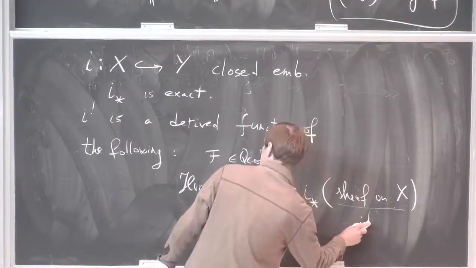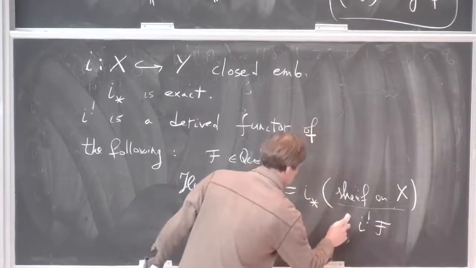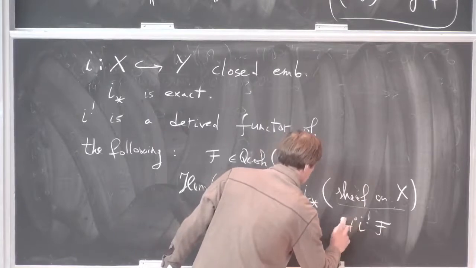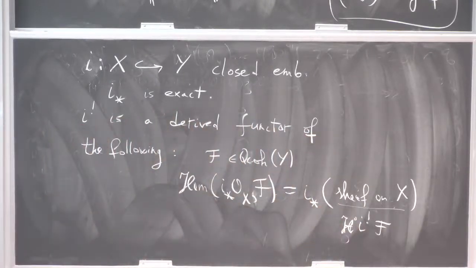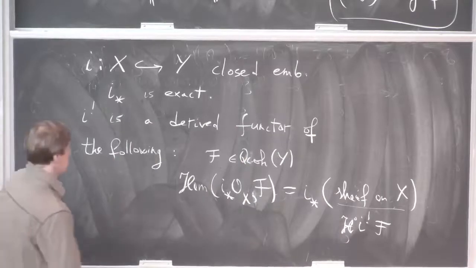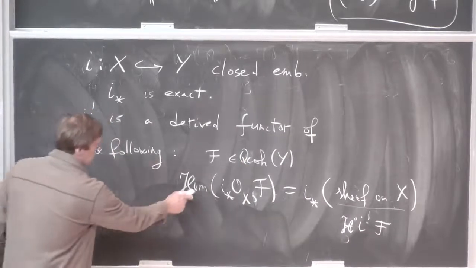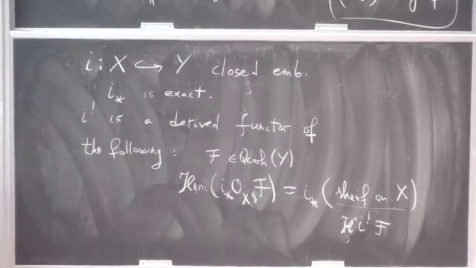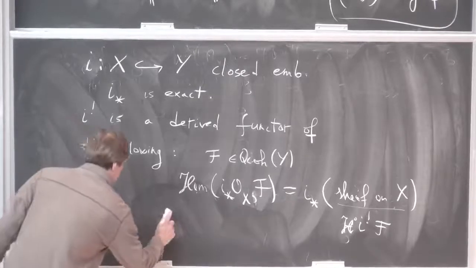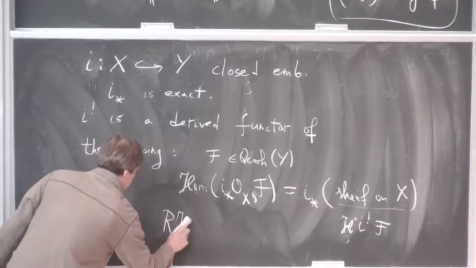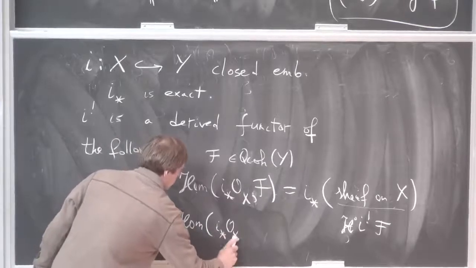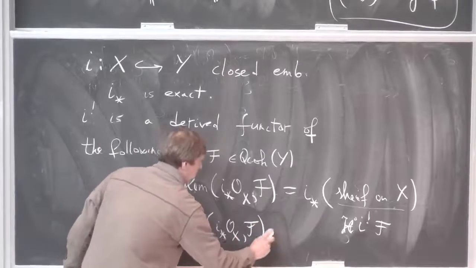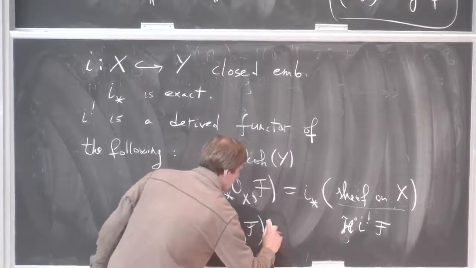Unfortunately, it's also denoted as i upper shriek of F, but this is just the underived version, the sheafified H^0 of this. If you want to pass to the derived functor, the whole i shriek, you have to replace this Hom by the derived version, and then you get a precise formula which allows you to calculate i shriek.